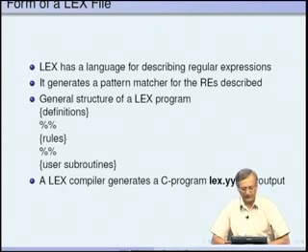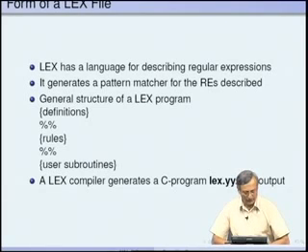The general structure of a LEX program is simple. There are some definitions which are nothing but shorthands, and then we have a marker in the form of 2 % symbols. Then we have the rules, the patterns or the regular expressions. Finally, there is another marker in the form of 2 % symbols.